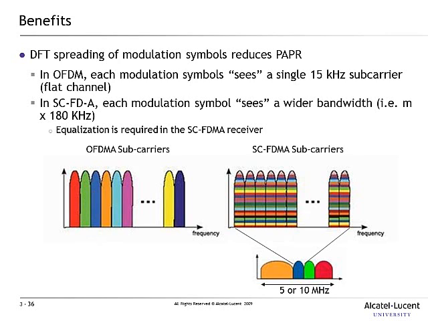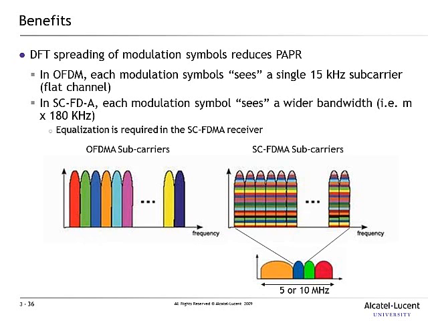Now, what we've done in single carrier FDMA is that we've taken each user's transmission and we've spread it across all of the subcarriers, or many of the subcarriers. So each user, essentially, instead of using one subcarrier, is using multiple subcarriers, but only for a much smaller fraction of time compared to OFDMA.